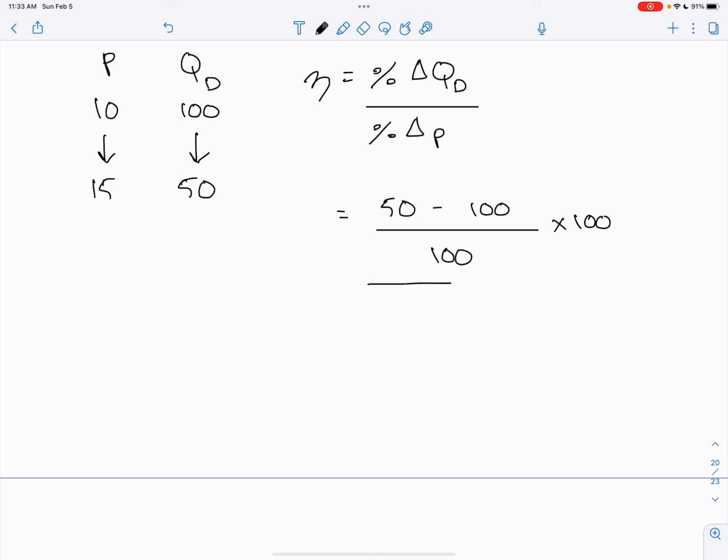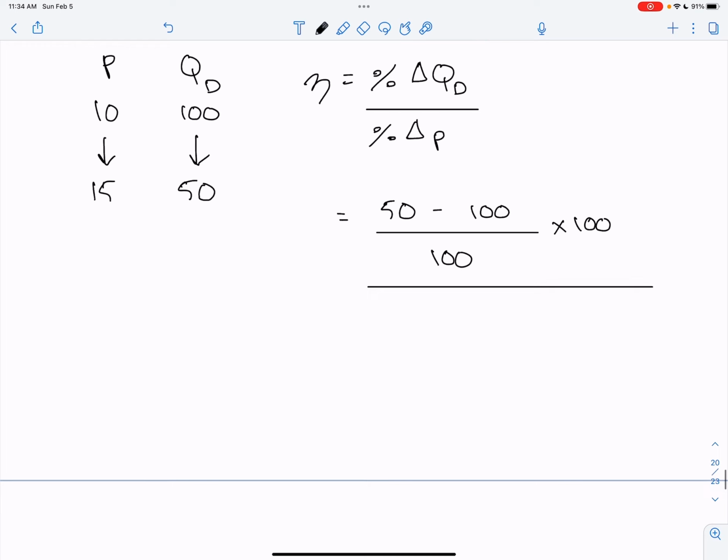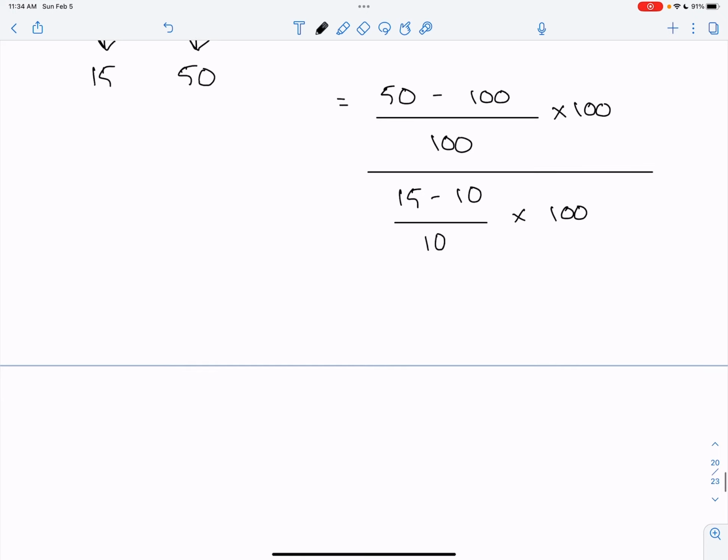Okay? And then you would do the same thing for price. So the final price is 15 and the initial price is 10. That's a change of 5. So you do 15 minus 10, which is a change of 5, and then you would divide it by its initial amount, which is 10, and multiply that by 100. Okay, so that's how you would normally do it. So let's just calculate this and see what we get.